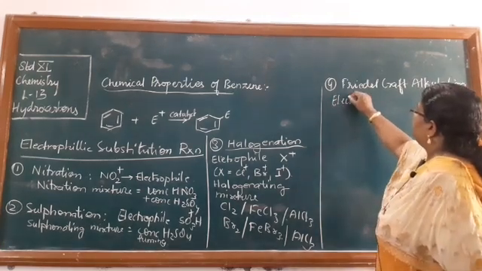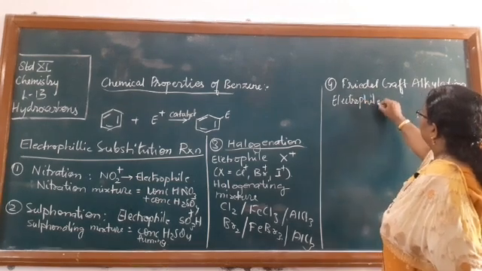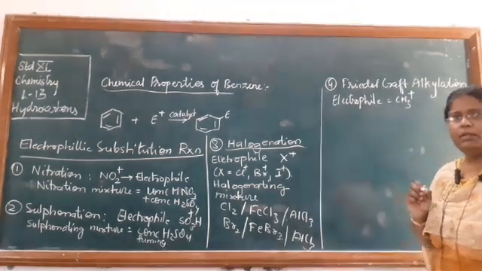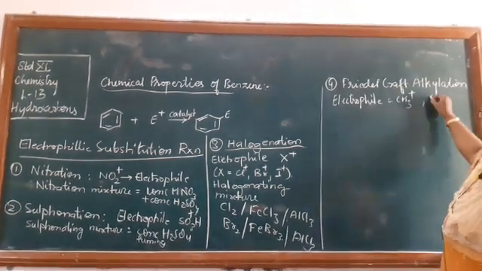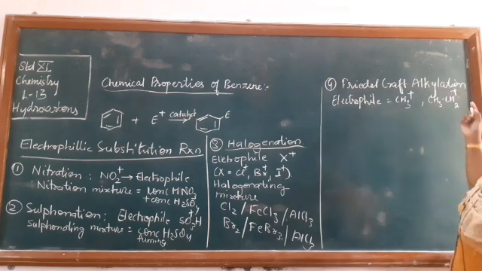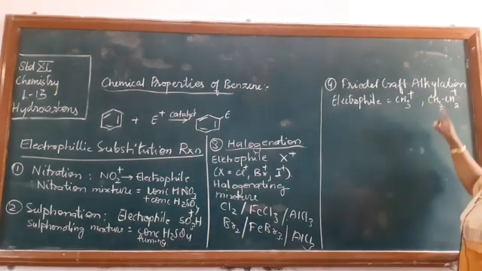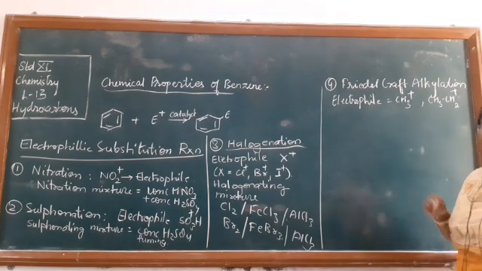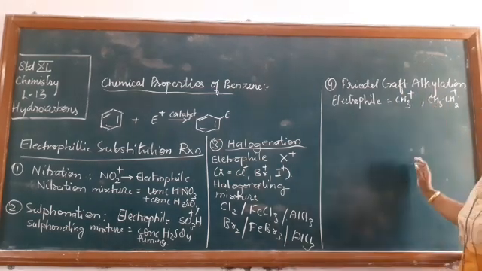The electrophile is CH3 plus, methyl electrophile. Either it can be methyl or it can be CH3CH2 plus, this ethyl. So depending on that, you should choose the different alkyl halide, whichever electrophile you require.